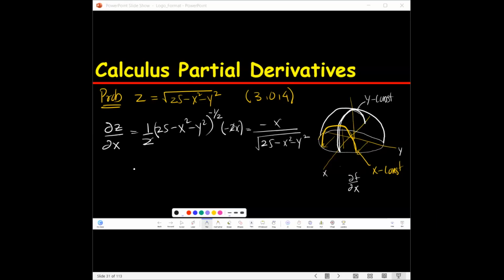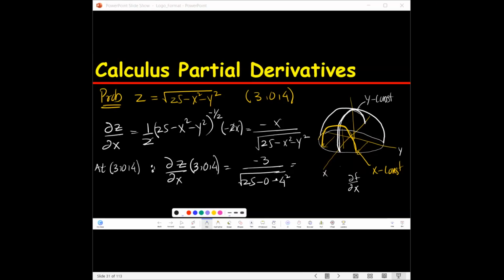And if I substitute the values at the point (3, 0, 4), the partial derivative fx at this point, substituting the values, is going to be minus 3 over the square root of 25 minus 0 minus 4 squared.